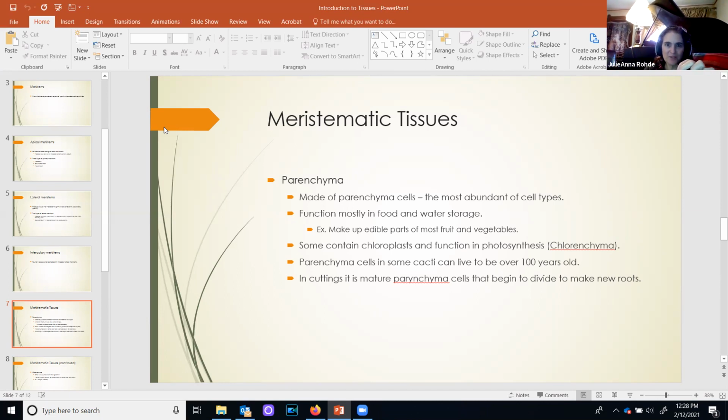Something that actually codes for something is lost when it's copied. So that doesn't work too well. And so the longer a cell can live before it has to divide, the longer that organism can live. They found that there are some parenchyma cells in cacti that can live to be over 100 years before they have to divide.